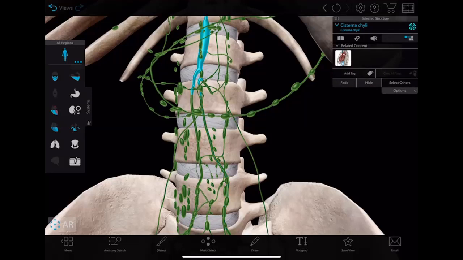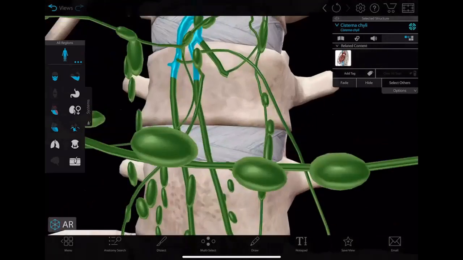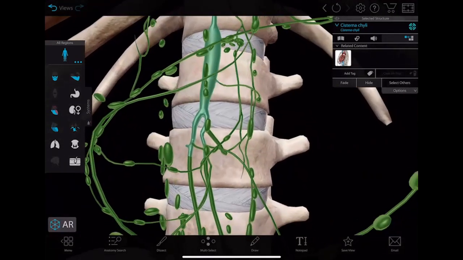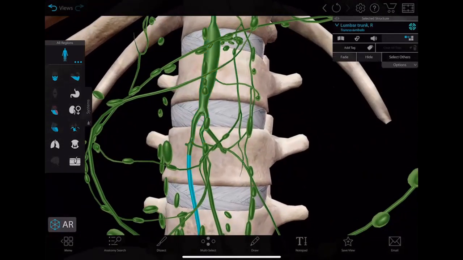These are opening into the cisterna chyli. They are forming the cisterna chyli. So this one is the right lumbar trunk, this one is the left lumbar trunk, and this one is the intestinal trunk.